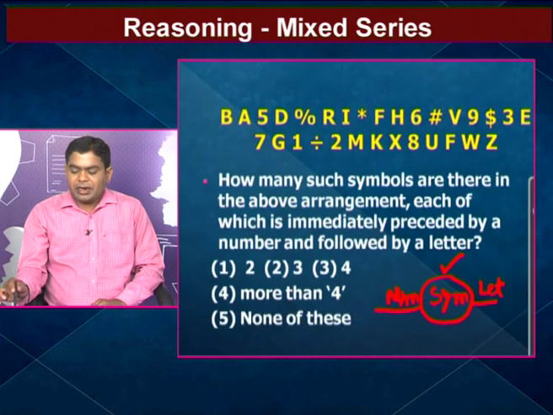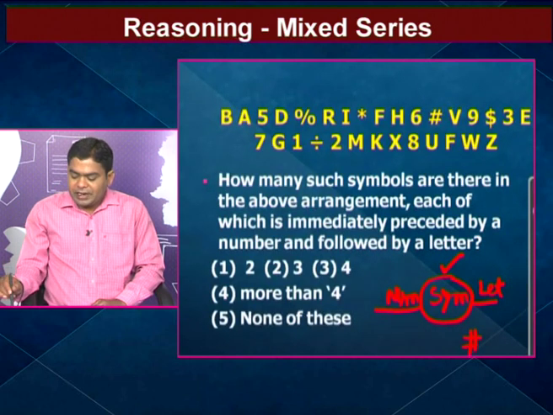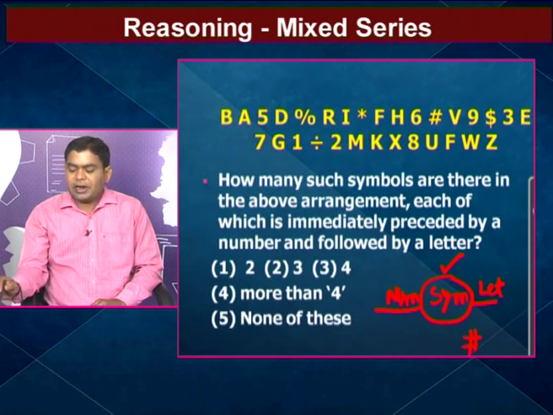After that we go to the next symbol, that one is ash. Here it is preceded by a number and followed by a letter, that means ash satisfies the given condition. After that we go to the next symbol, that one is dollar. Here the preceded element is a number and the followed element is 3, but according to our condition, it must be preceded by a number and followed by a letter, so dollar does not satisfy the given condition.